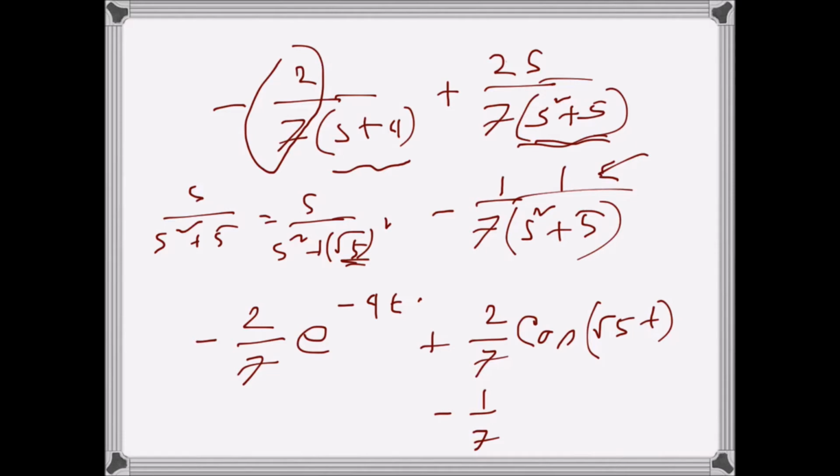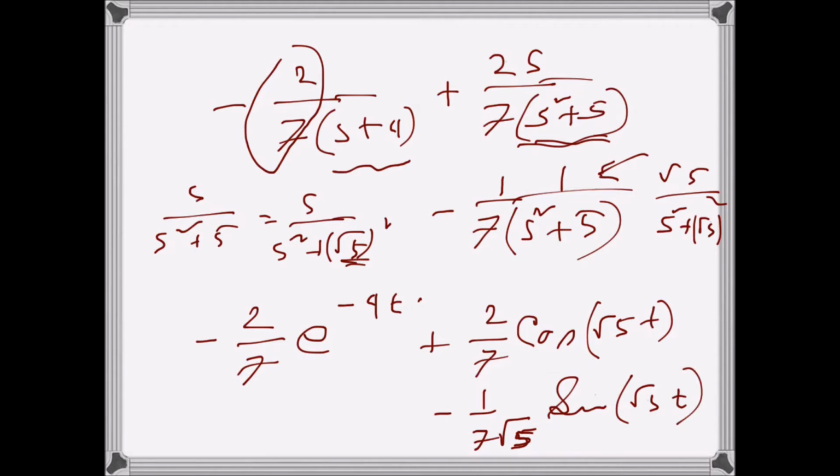So we can multiply this one, we can write the square root of 5 so that it gets cancelled out. So basically this one we can write as square root of 5 over s square plus square root of 5 squared. Then the inverse Laplace transformation will become sine square root of 5 times t.